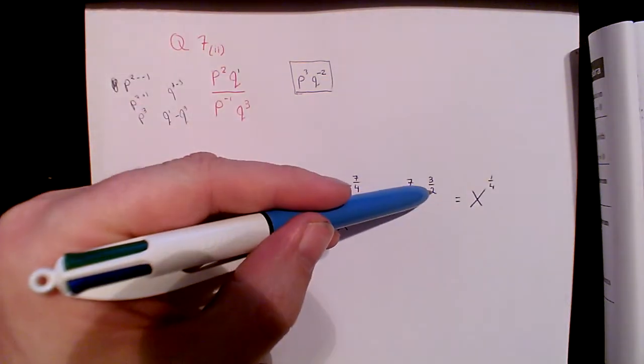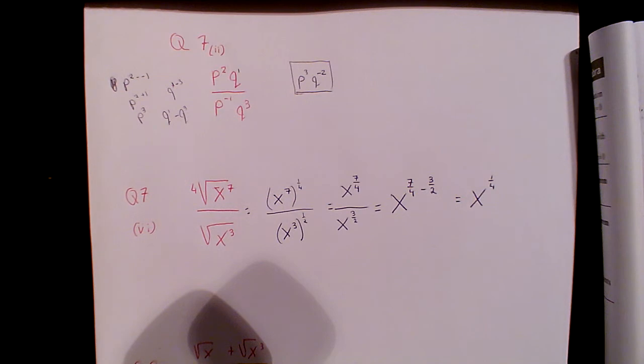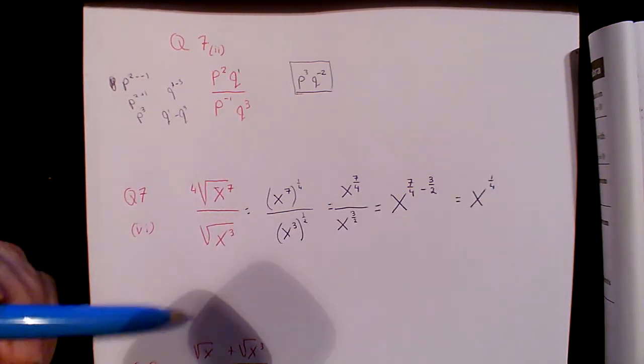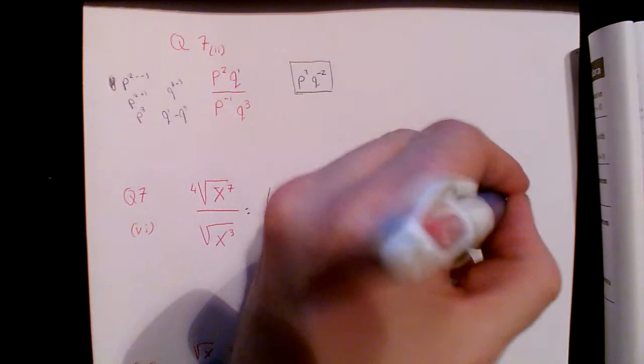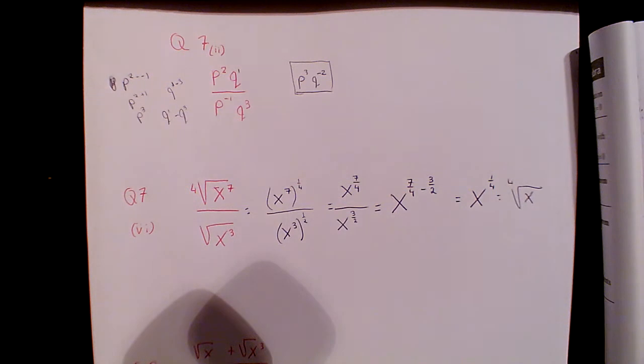And that's, I think anyway, x to the power of 1/4, is it? That would be 6/4. Yeah, 1/4, x to the power of 1/4. Okay, so from this mess, we get this. And I suppose if you wanted to write it another way, you could go cube root of x. Okay, so same thing.